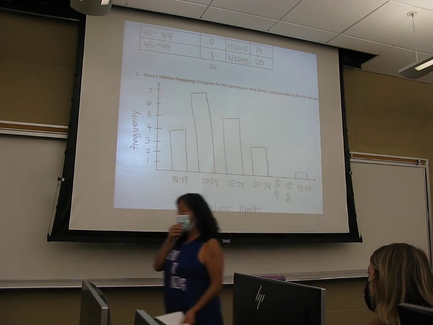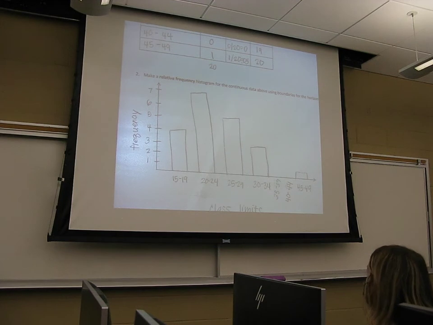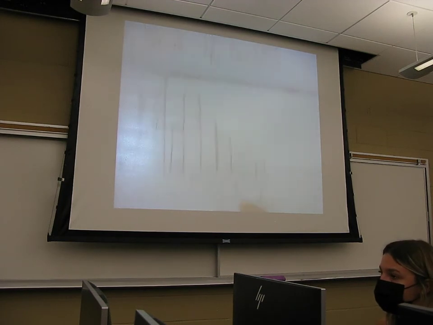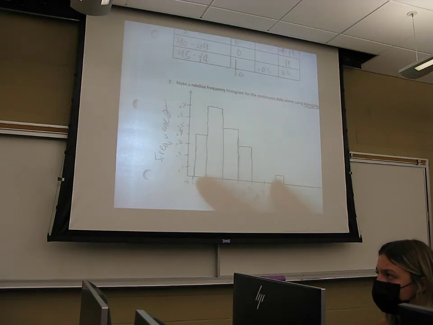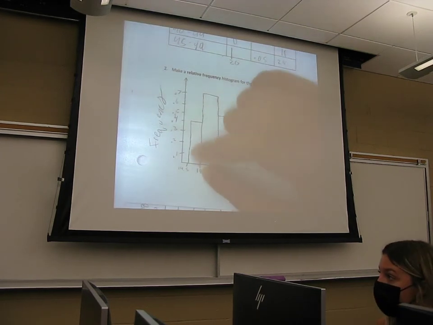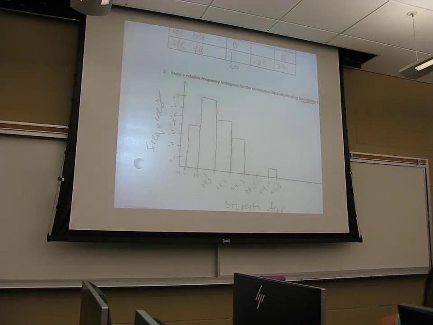If you're going to have them touch, then you should use the boundaries, and again it would be one boundary to the next boundary. So this 15 to 19 goes from 14.5 to 19.5, and that's the block where it is. Thank you guys for those.